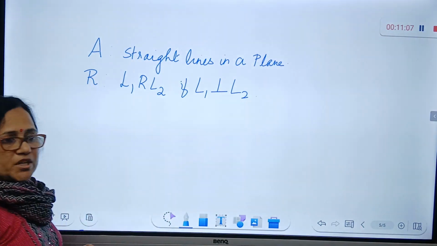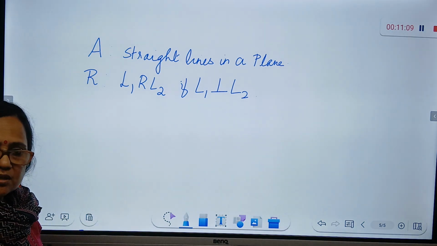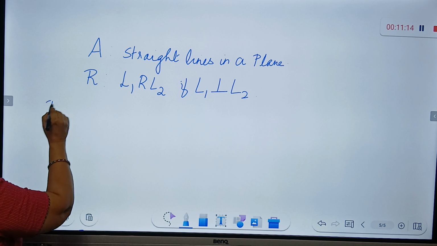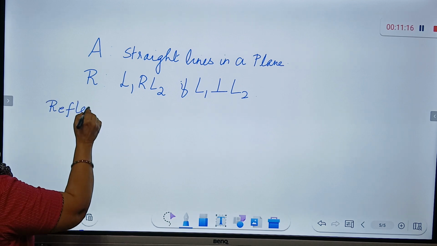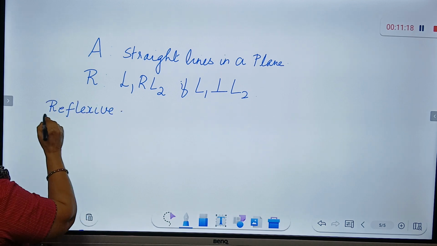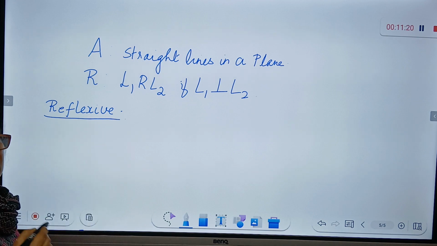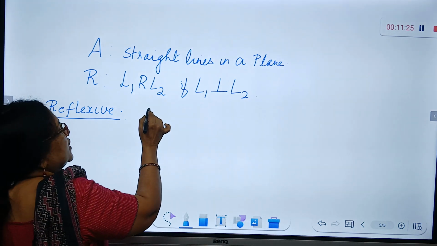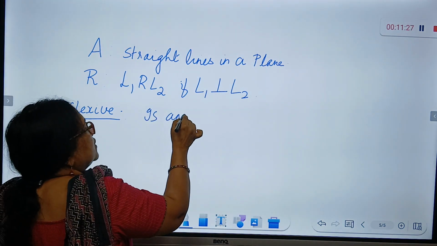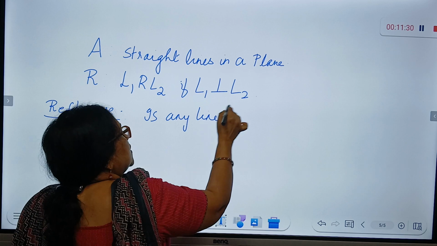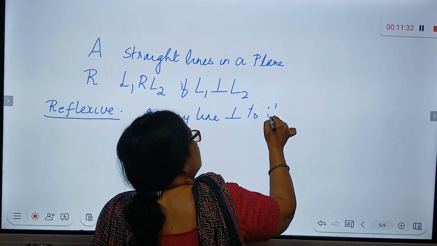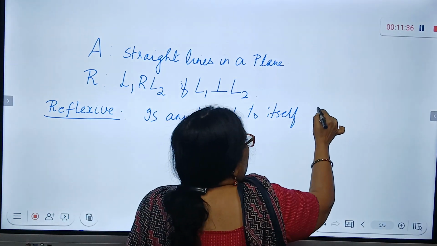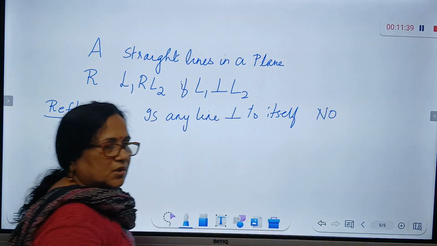Now again we are going to check whether it is reflexive, symmetric and transitive, and if it forms an equivalence relation. The first one we are going to check is the reflexive property. So what are you asking? Is every line perpendicular to itself? Is any line perpendicular to itself? You all know that it is no, right?